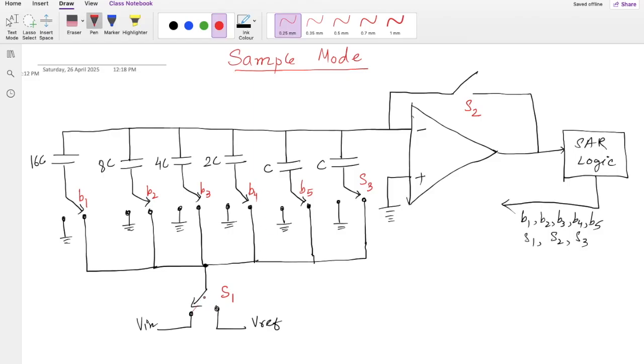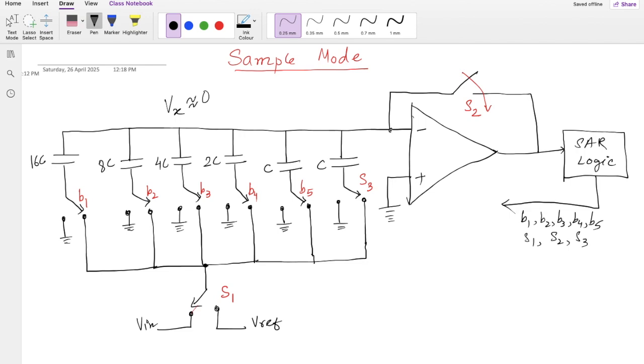Then all these are connected this way, and of course S2 also will be on. In this case, my voltage Vx is in a unity gain feedback kind of configuration, and because this voltage is 0, Vx will be approximately equal to 0, virtually grounded.